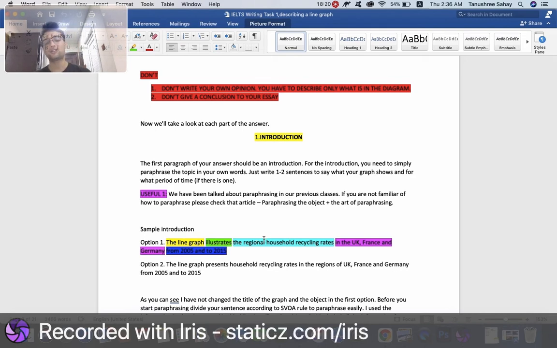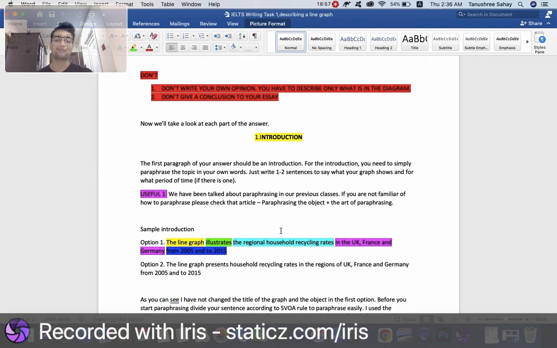So actually the adjective, if you have a very complex combination of object, which includes 3-4 words, then you can just easily find the adjective and make it adverbial, or if you have an ing word, make it a verb and make it again an adjective or noun, just like household recycling rates in the regions of UK. What I did here, I found the word regional, it's an adjective, and I just turned it into a noun. You can do this, or you can just keep it like that.